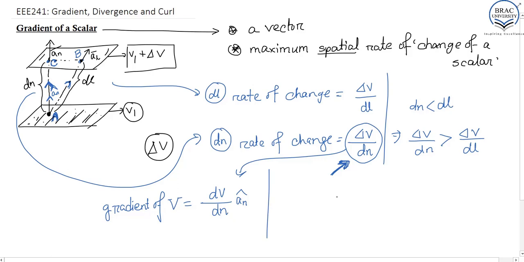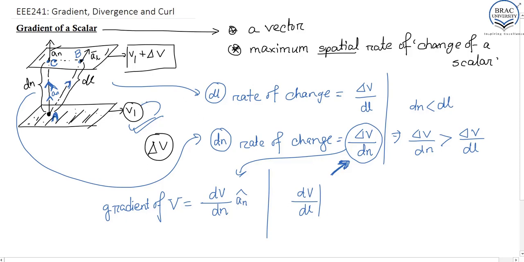Basically, dV/dl is also a rate of change of the scalar potential V. Depending on the value of dl, you will get a higher value of dV by dl or a lower value of dV by dl.